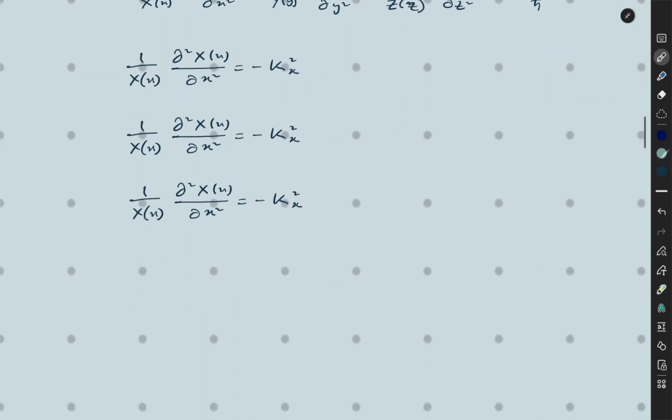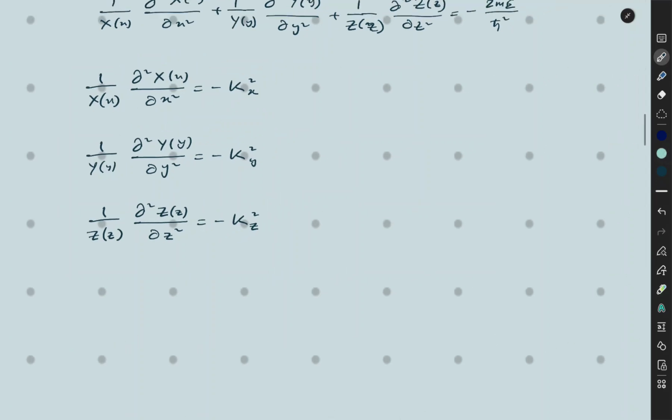So this will be Y of y, with y in each place, and this z, here it will be z, with suffix z. So this we are getting.